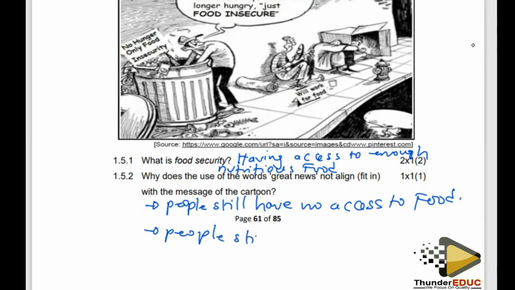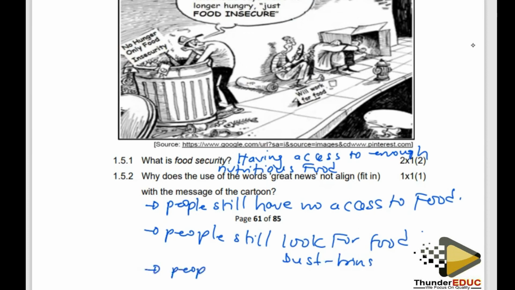People still look for food in dustbins. You can as well say people are desperate. People are desperate to work for only food.